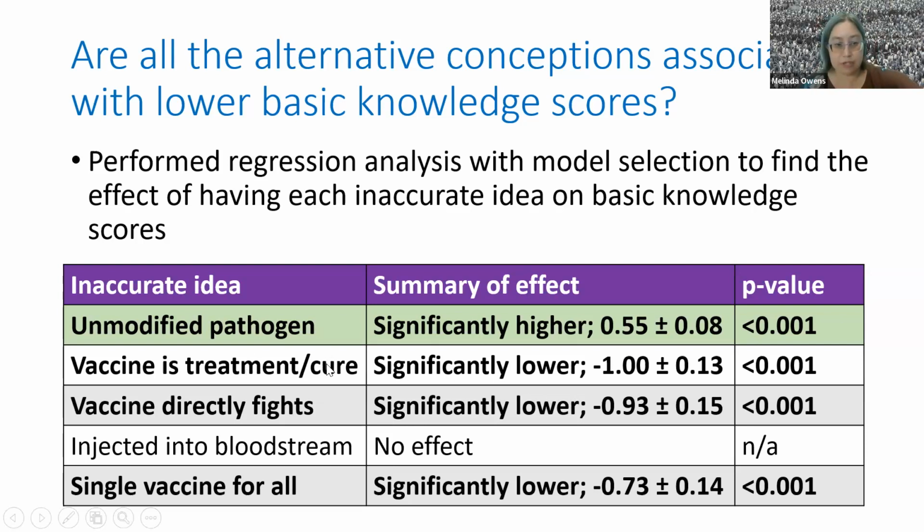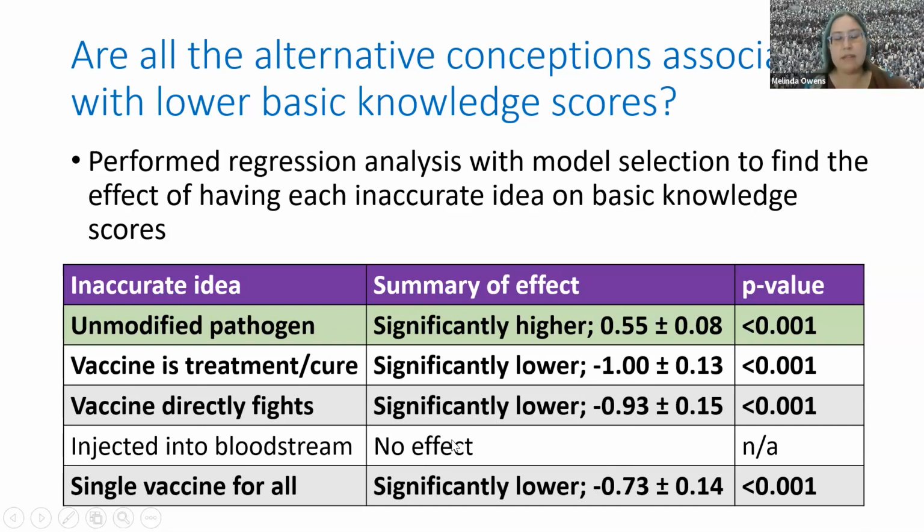So the idea that vaccines are a treatment or cure, those folks scored much less well. If all else were equal, those folks would score much lower. The idea that vaccines directly fight the pathogen and the idea that there's a single vaccine for all disease, those are all associated with significantly lower basic knowledge scores.